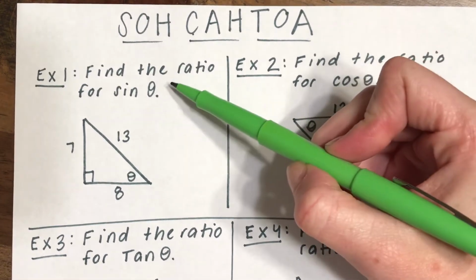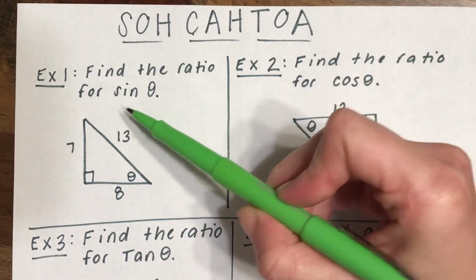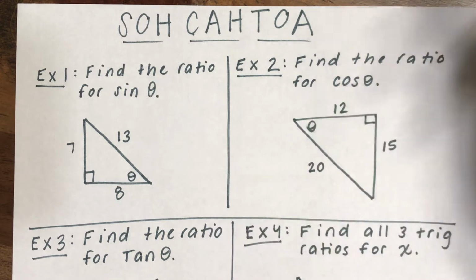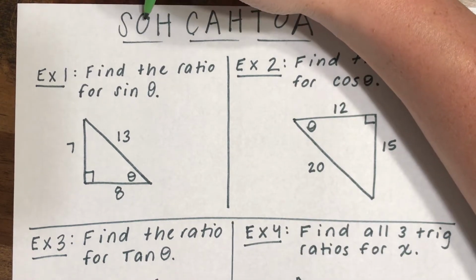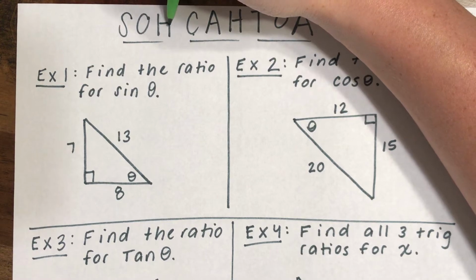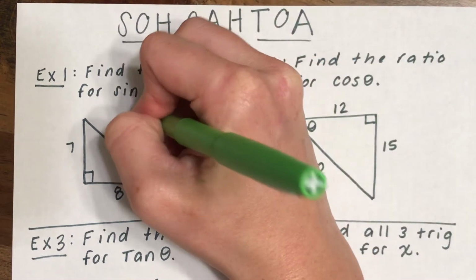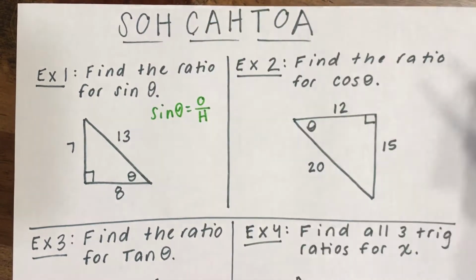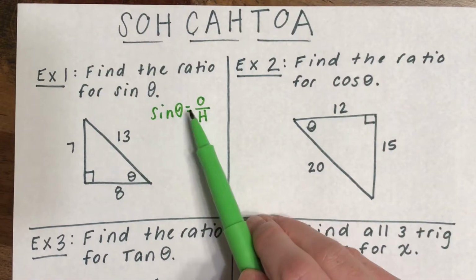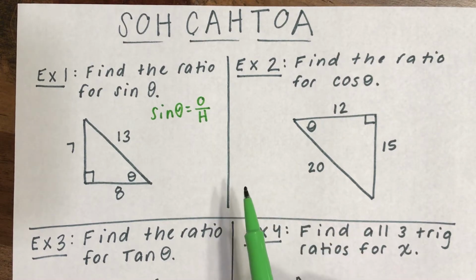Okay, all right, so it says find the ratio for the sine of theta. So remember, if I look at my acronym, sine is the ratio for opposite over hypotenuse. Okay, it might be a good idea, what we just wrote down in that first set of notes, just to remind yourself the sine of the reference angle is the opposite over the hypotenuse.